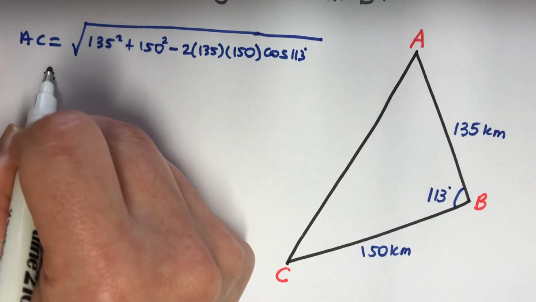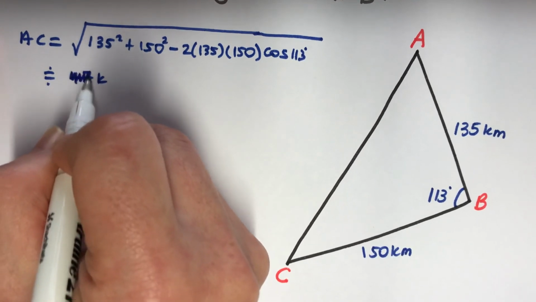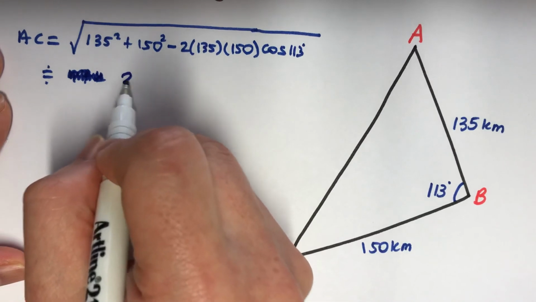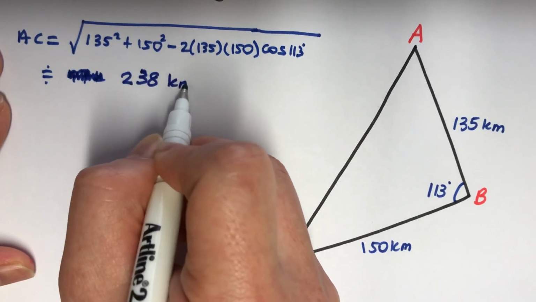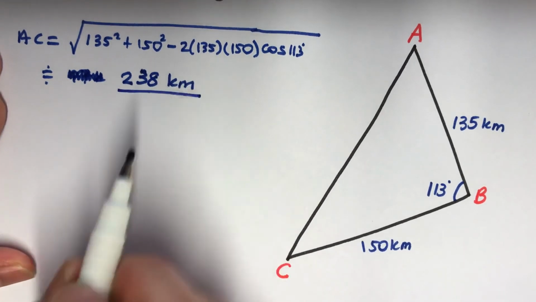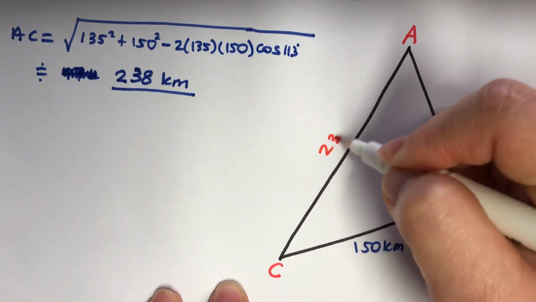You will get roughly 47, oh no, sorry, that's not 47. It should be 238 kilometers. It was like 237.8 or something. Because I want the answer to the nearest kilometer, I'm going to put 238 in here.